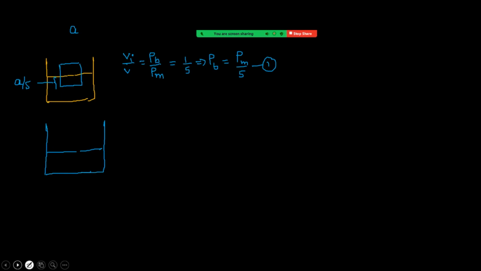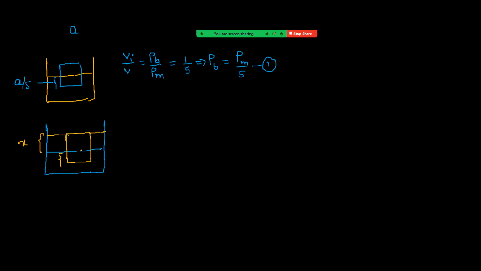Suppose this is mercury, and this is that cubical block. And the condition is that water is poured up to where it is just immersed. Now this won't be one-fifth, it will be reduced. So now we have to calculate how much water we have to pour. Let us take the length of the water column as x.